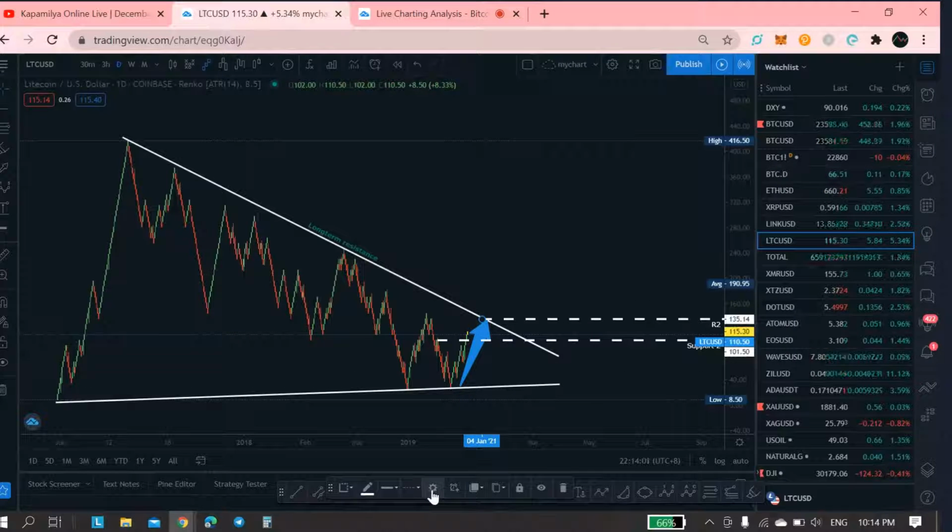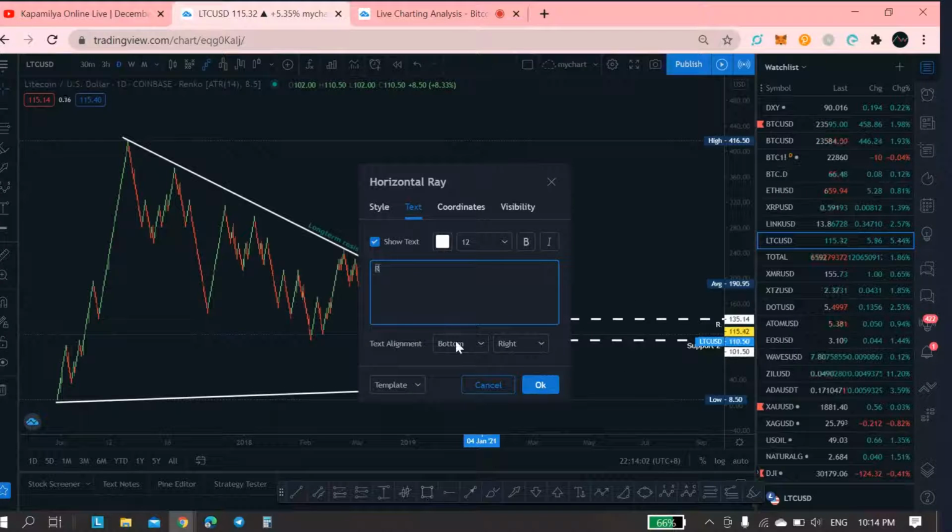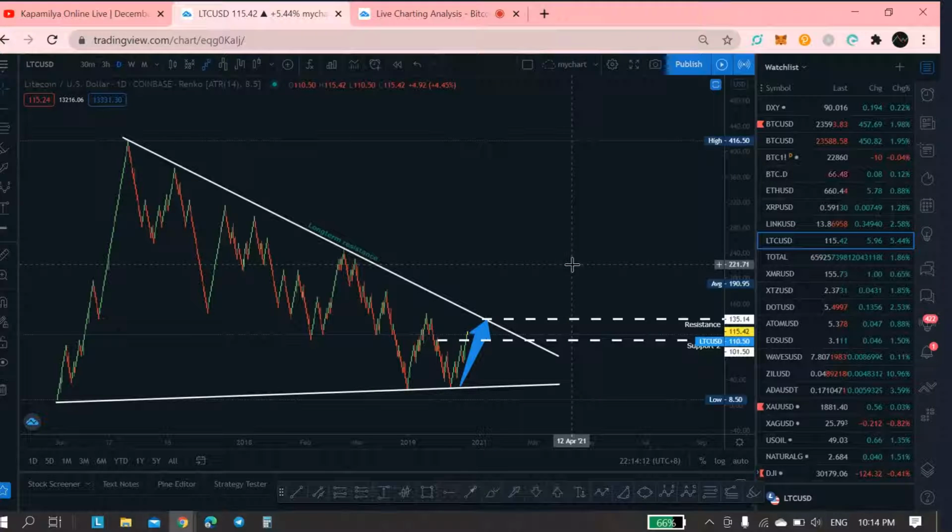So I'll just put a strong resistance area here. If it breaks that 135, of course, the next stop is more or less around $180.